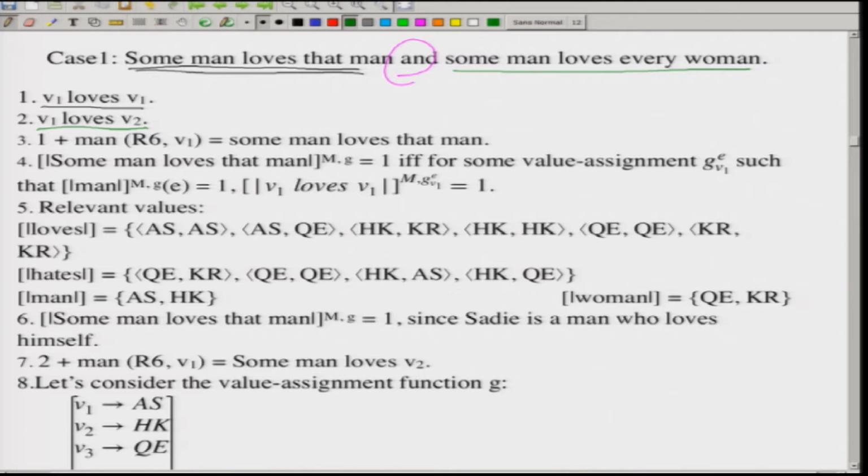Now, the first part, "some man loves that man," derives from V1 loves V1. If you remember the relevant syntactic rule, the first occurrence of V1, the variable, must be replaced by "some" and a common noun, in this case man, and then every other occurrence of that very variable will be replaced by "that" and the same common noun, in this case man.